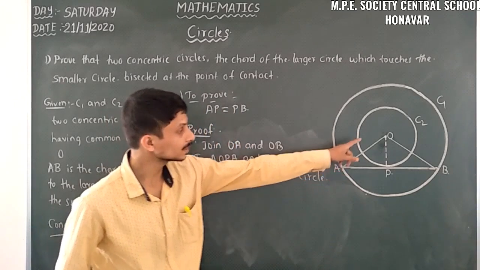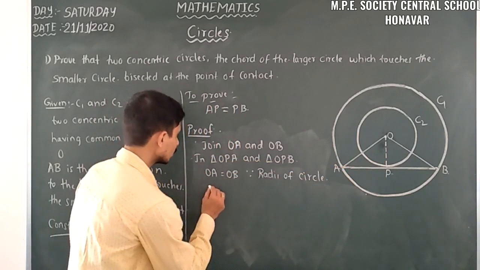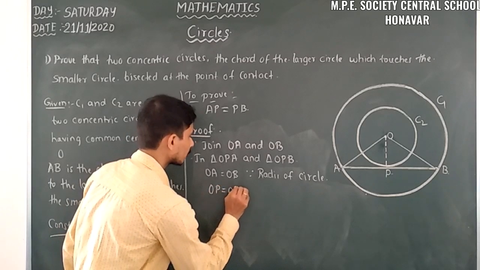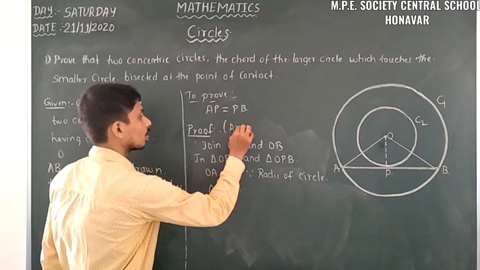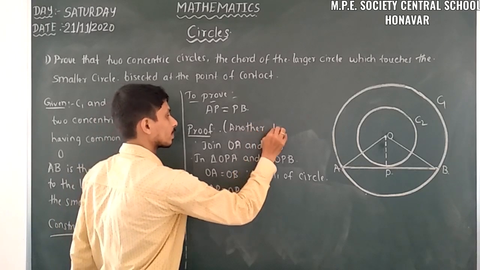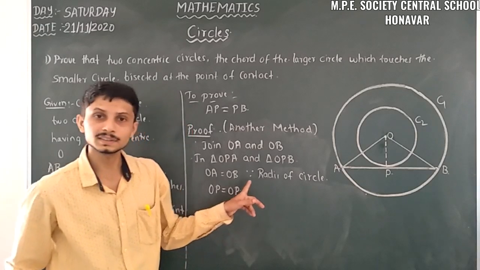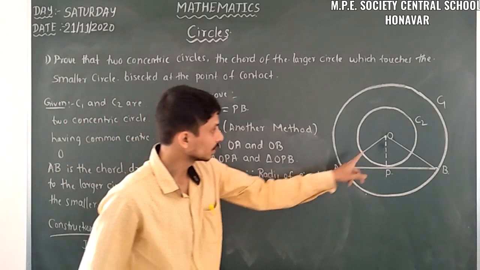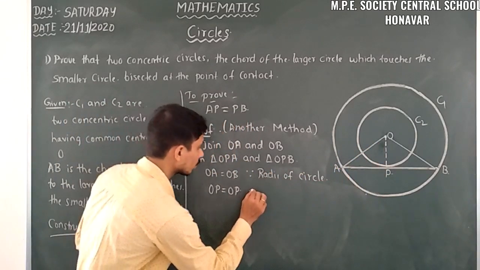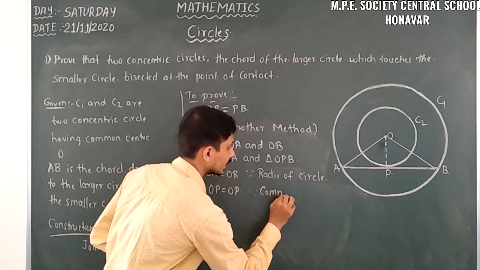Then OP is common for both triangles, that is OP is equal to OP. So this is another method of proof. We can prove these things with the help of congruence also.